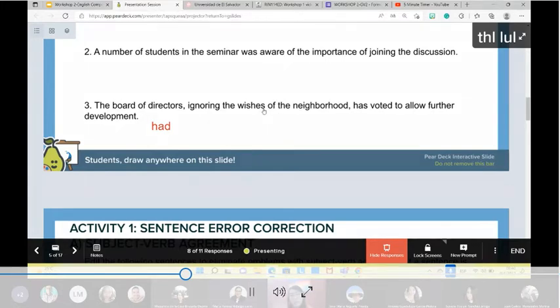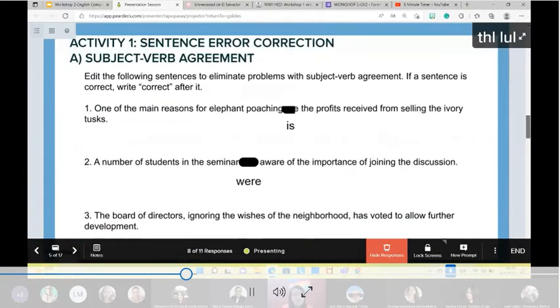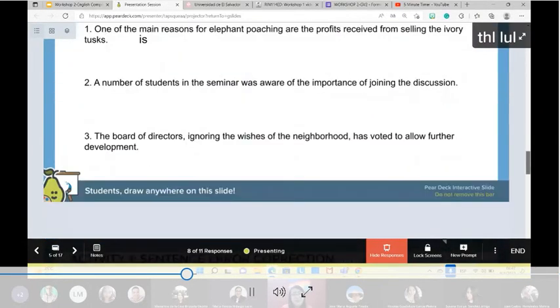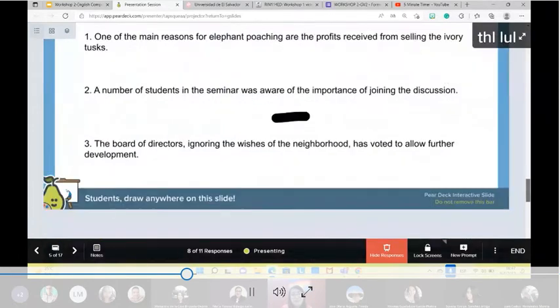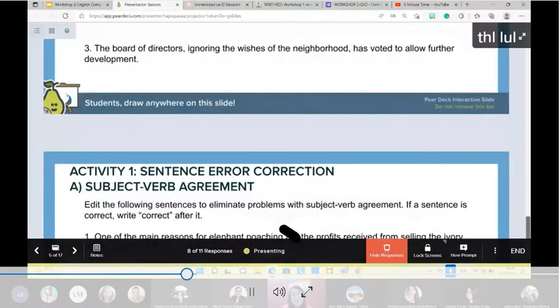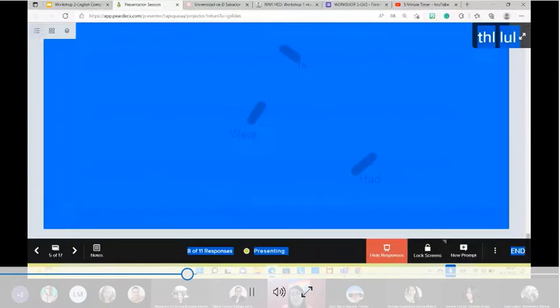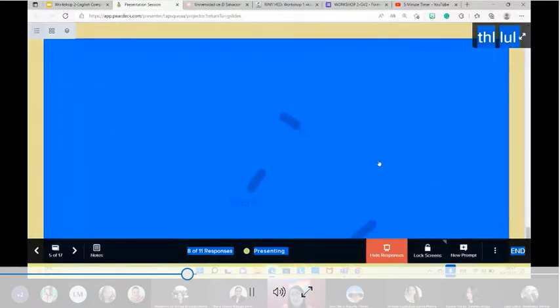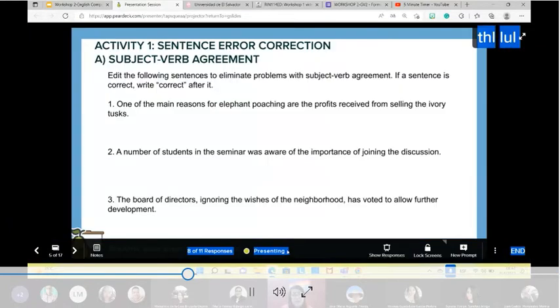And if we remove it, our sentence still has a complete meaning. Good. Okay, perfect then. So let me hide responses. Okay, so let's continue.